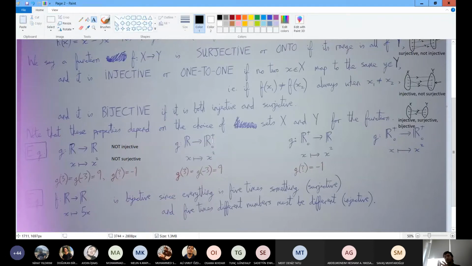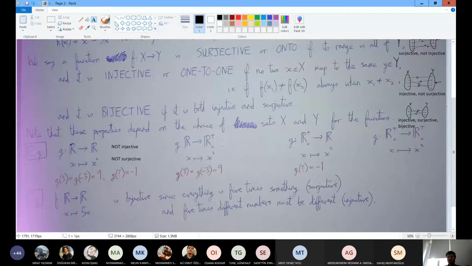Now let's try restricting the set y. So because every square number is either positive or 0, we can take our set y to be just the positive and 0 reals. Ignore the negative numbers because they're not in the range anyway. And now the range is exactly this set y.